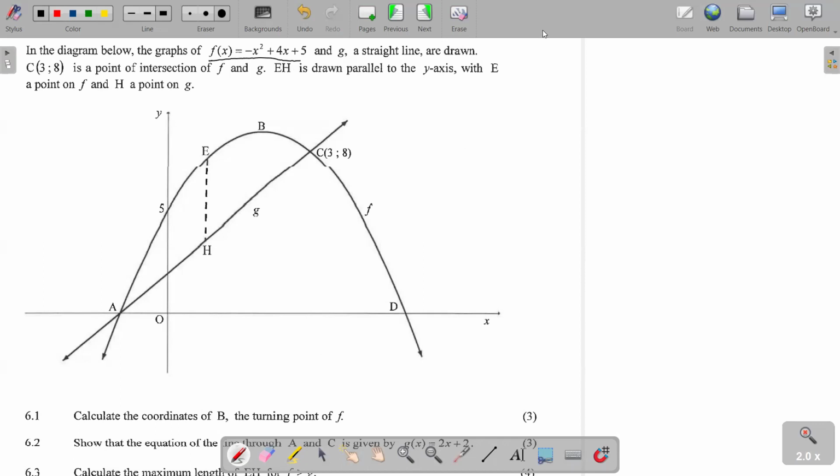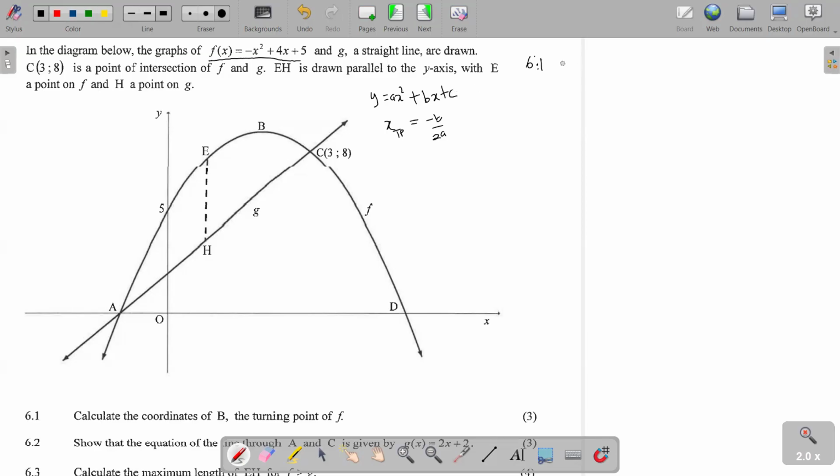So question 6.1, we want the turning point. If our equation is given in the form y equals ax squared plus bx plus c, like the form which is given there, we know that our x value at turning point will be given by minus b over 2a.